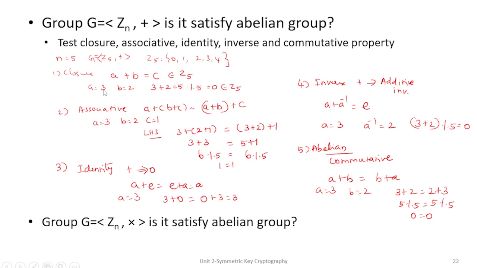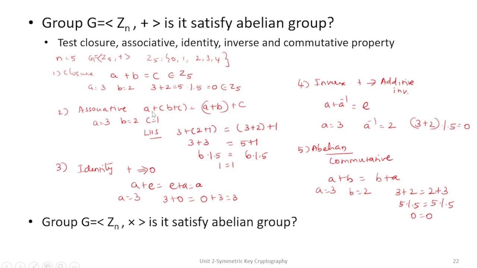Let us take A value as 3 and B value as 2. So 3 plus 2 is 5, but 5 is not an element in Z5. So we should do the mod operation. 5 mod 5 is 0, and 0 is an element available in Z5. With this, the closure property is satisfied.